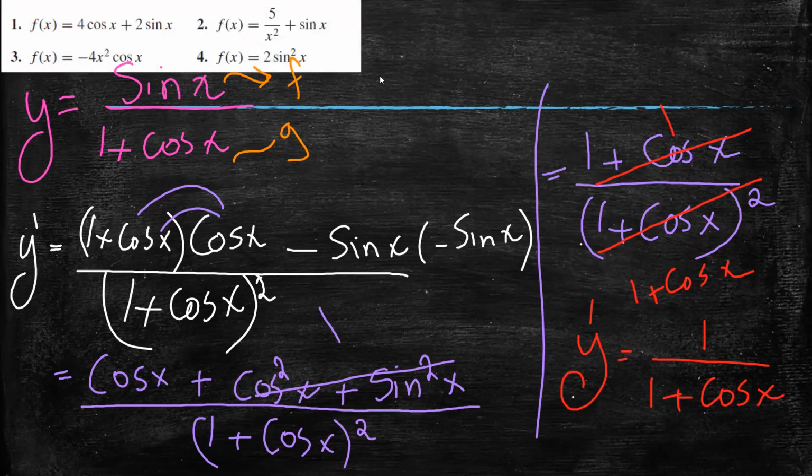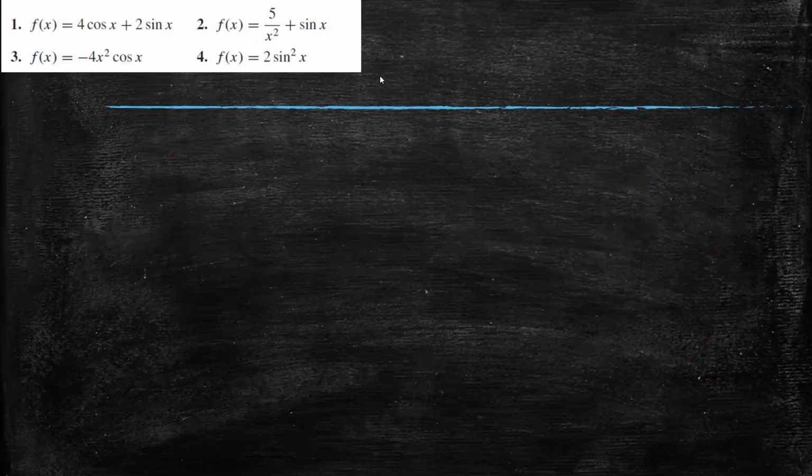Let's do now these exercises here. Look at the first one. Number 1: f of x is 4 cosine x plus 2 sine x.